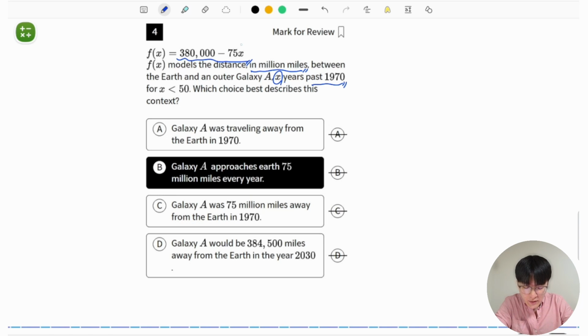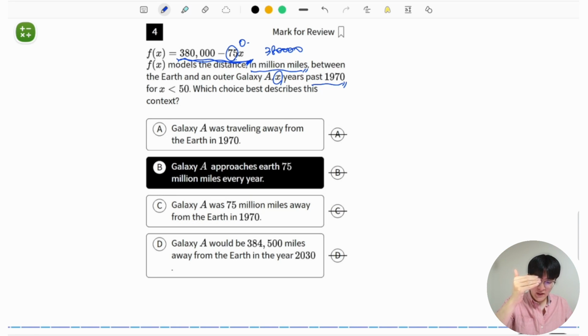So every year, so in the 0th year, the value is 380,000. And every year, the total value is decreasing by 75, right? And so what does that mean for us? Then that means that this distance, which used to be 380,000 million miles, is getting smaller.